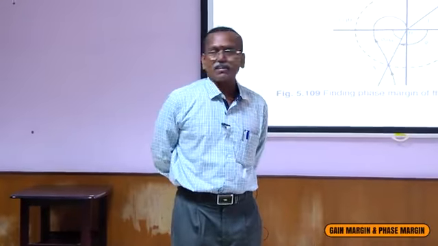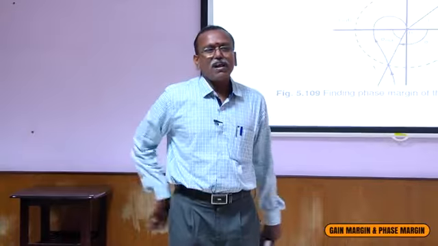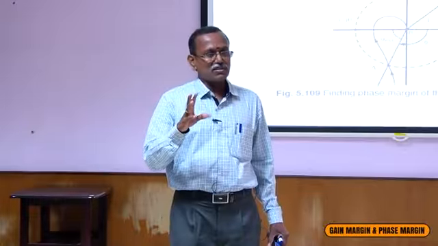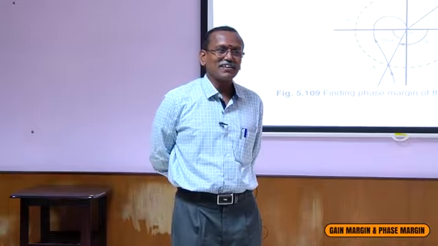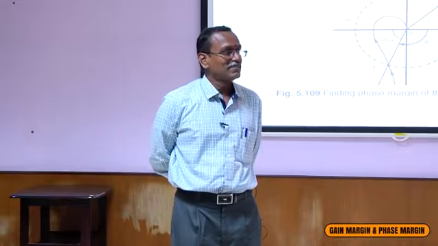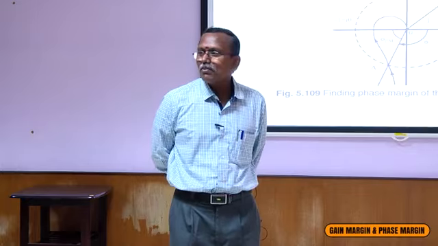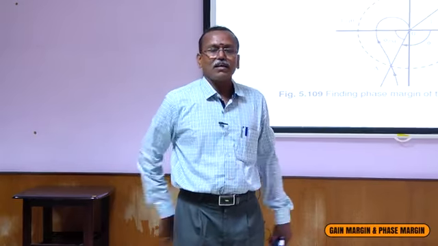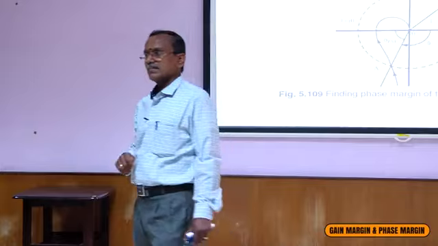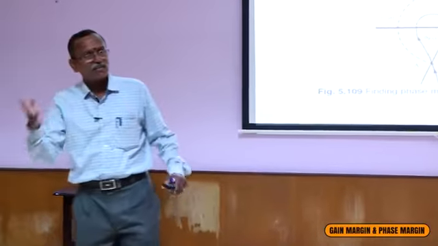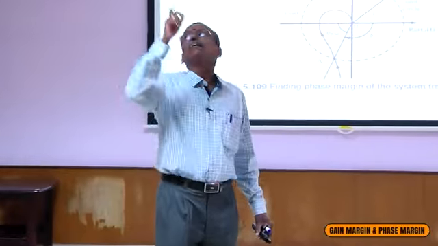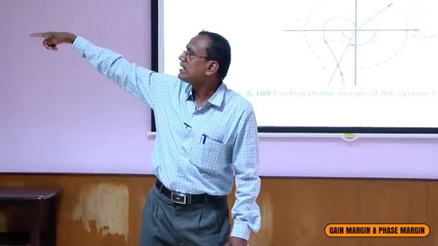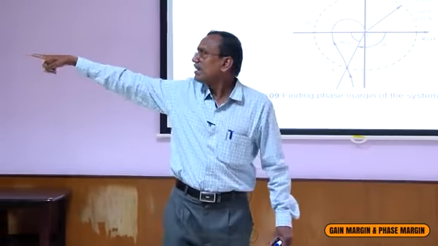Why is that margin required? Sometimes we have to tell the students things which are not in the book. Then only the students will respect us. You won't see in any control book why gain margin is required. Here this building is constructed, and those are all pillars.